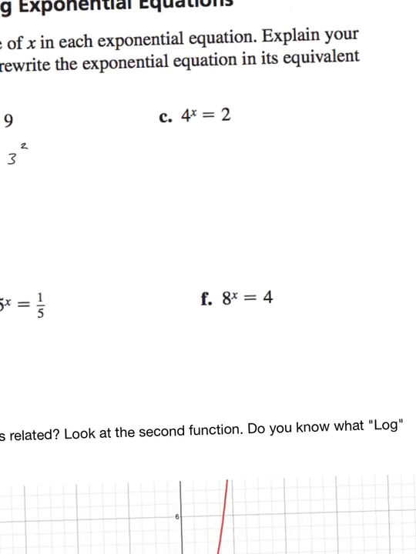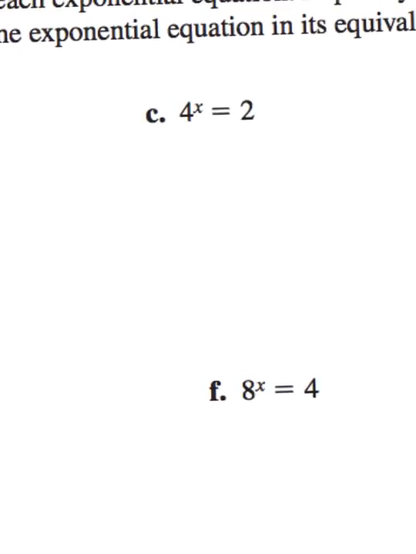All right, look at c. 4 to the x equals 2. A little trickier. 1/2. It is 1/2, right? Square root. Another way we could have done that is we could recognize that 4 is 2 squared. So 2 squared to the x equals 2 to the 1.